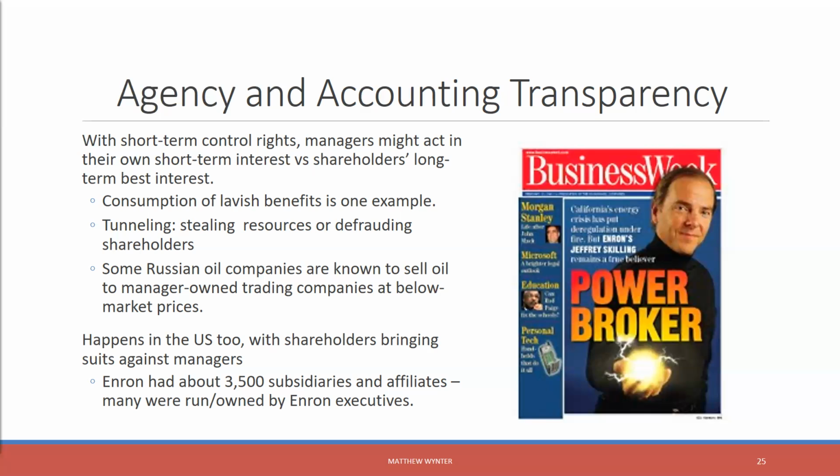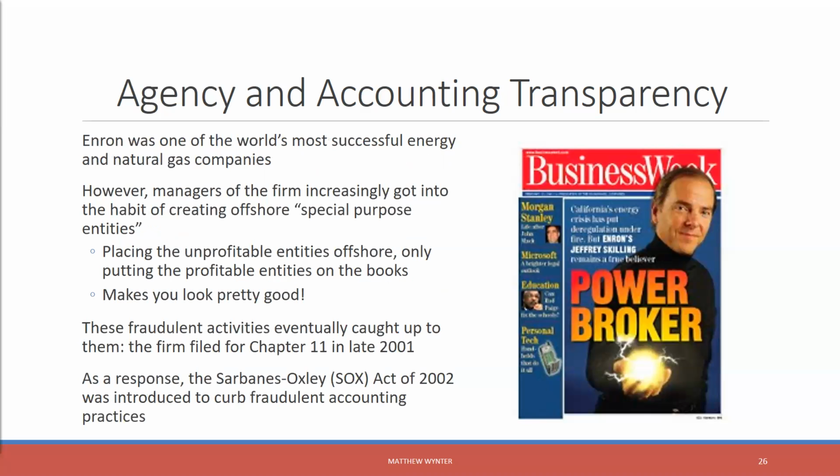The best example is going to be Enron. Enron had over 3,000 subsidiaries and affiliates that were basically run or partly owned by Enron executives. What happened? Enron was one of the most successful energy and natural gas companies. However, managers of the firm increasingly got into the habit of creating offshore special purpose entities.